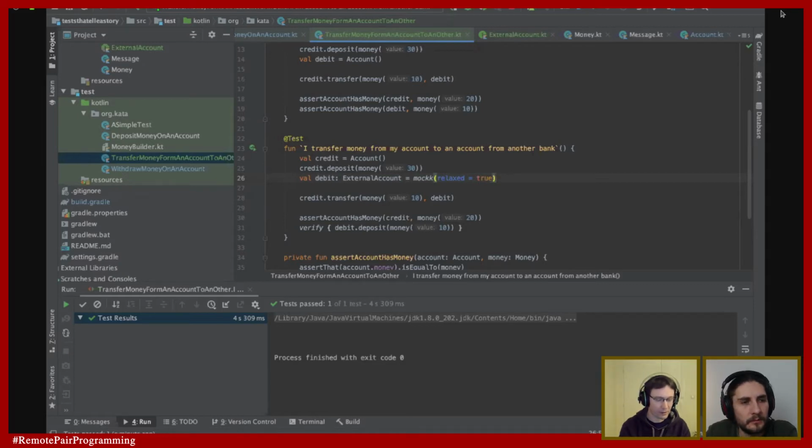Now, of course, this is one of the critiques with mocks, that if you are using strict mocks, you will always have this very rigid code, because you connect the mocks with production code, so you have a very big coupling.